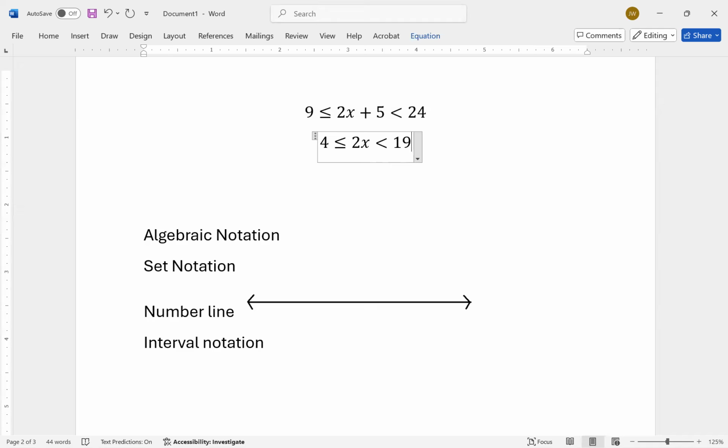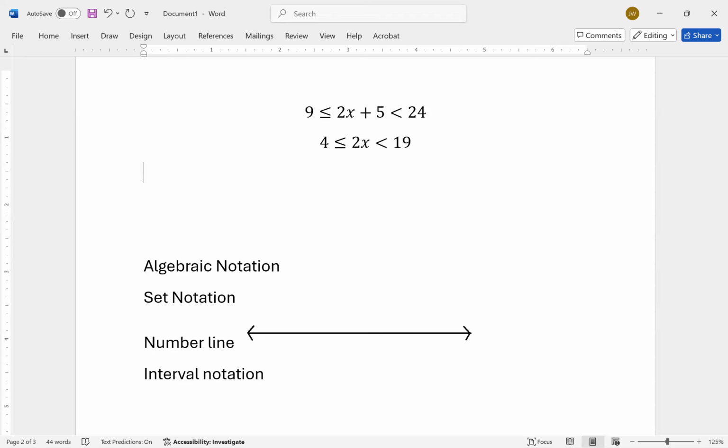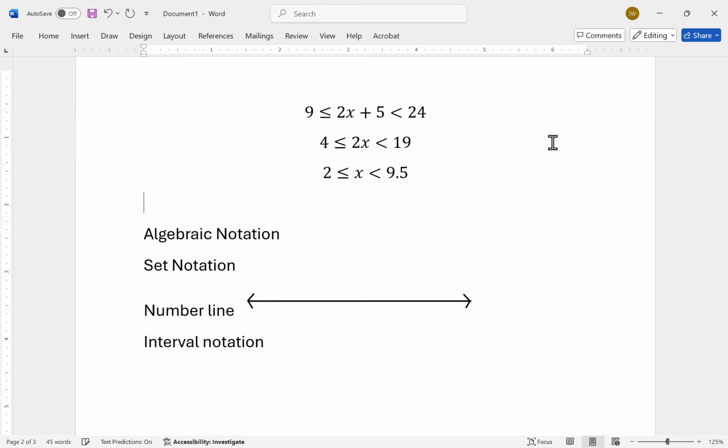And then I would divide all three sides by 2. 4 divided by 2 would be 2. We do less than or equal to x, and then less than 19 divided by 2, which is 9.5, or 19 over 2, or 9.5.